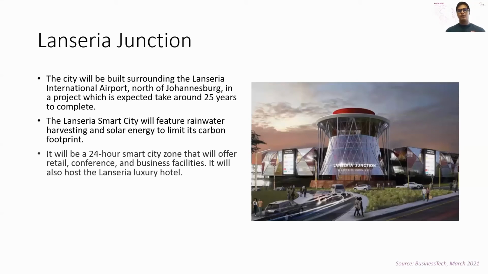So it will be a 24-hour smart city zone that will offer retail, conference, and business facilities. It will also host the Lanseria Luxury Hotel. So you can see the mix of infrastructure that is going to be incorporated into a smart city. Very interesting thing when tied into urban planning, if you studied it, right?